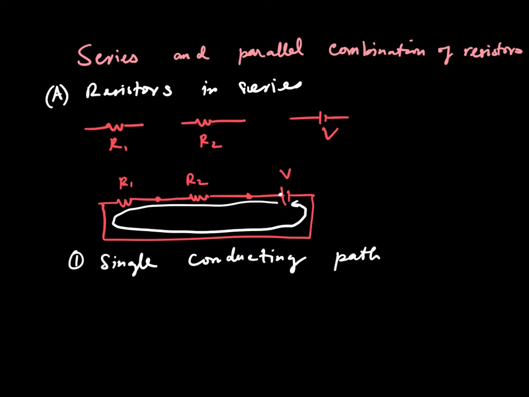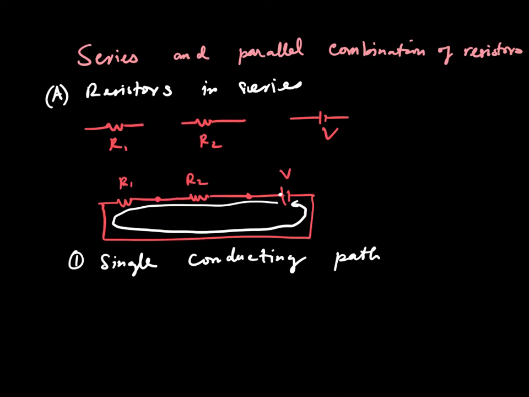If there is an accident on the road, then the whole traffic comes to a standstill because there is no outlet. So that is similar to a series combination of resistors.